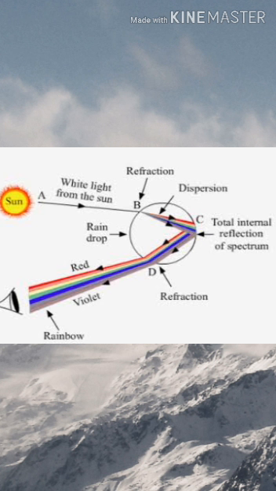The direction of C will deviate to direction D, refraction. Again, at B refraction, at D refraction. We can see the image deflects red, violet. Red deviates less in direction. Violet deviates more in direction. That's why in the rainbow this type of phenomenon has occurred. That's why we can see the rainbow.